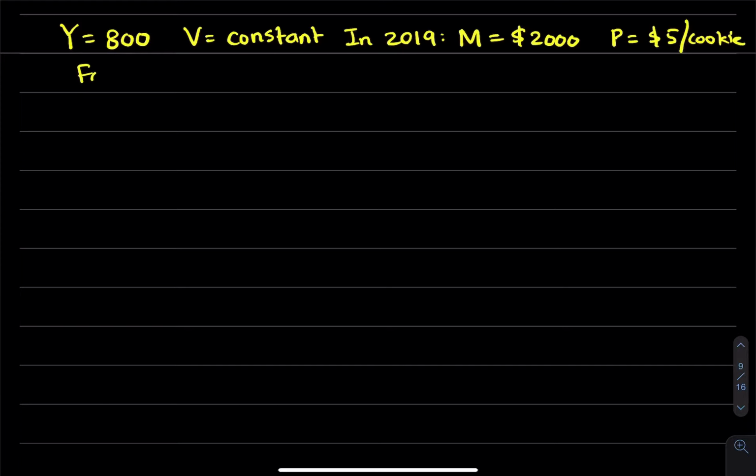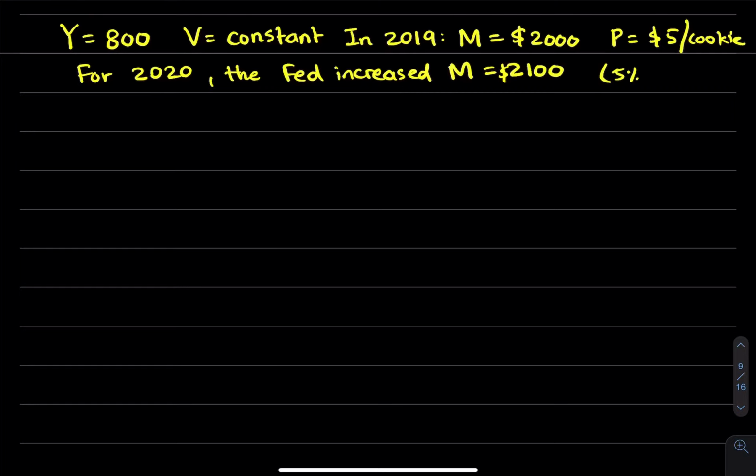We're also given that for 2020, the Fed increased money supply to $2,100, and this is a 5% increase, right? So 5% increase in $2,000 is $2,100. So your life is made a little bit easier here.